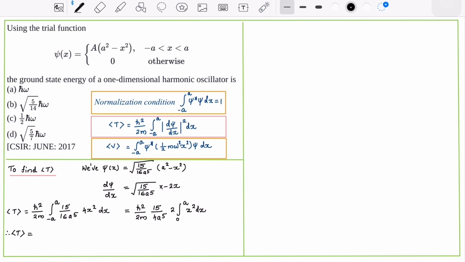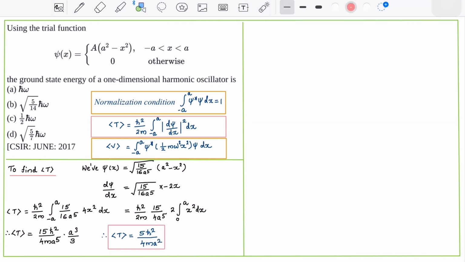This is equal to 15ħ² by 4m a⁵ into a³ by 3. Therefore, the expectation value of kinetic energy is 5ħ² by 4m a².